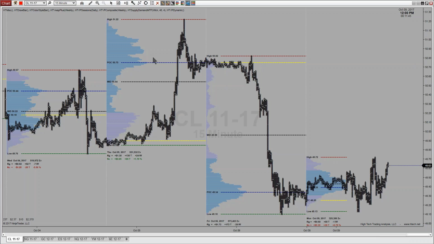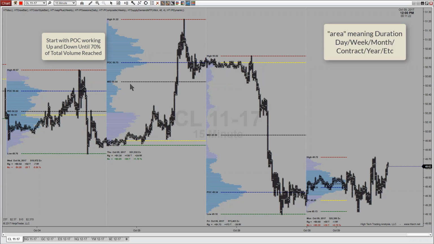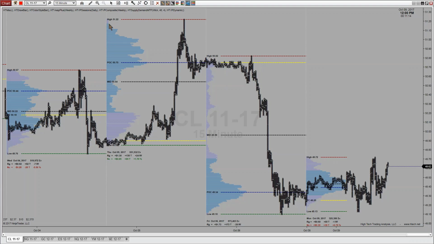So now at this point, from a volume profile or market profile standpoint, we try to find a value area. A value area is defined where a certain percent of the overall volume for the overall area took place. So we know that 551,000 contracts traded on this day, and we can see a histogram of how that plays out.